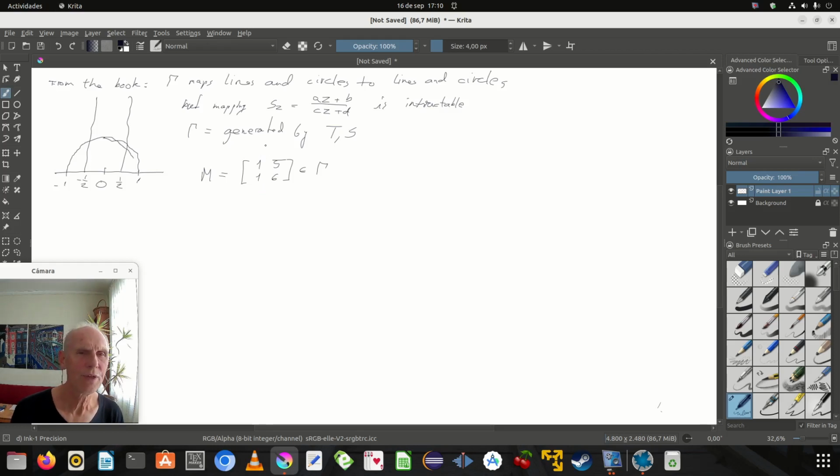And first, infinity is mapped to unity. And then how about minus 1/2? That's minus 1/2 plus 5 divided by minus 1/2 plus 6. So that's 9 divided by 11.